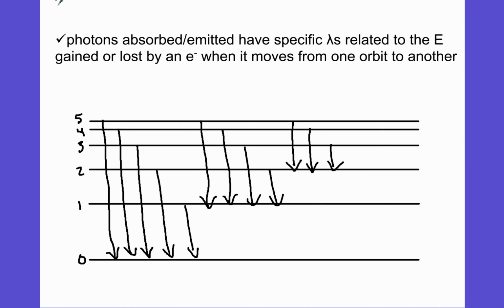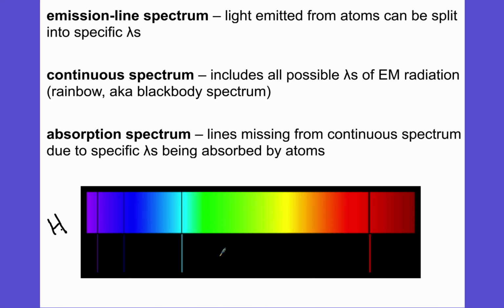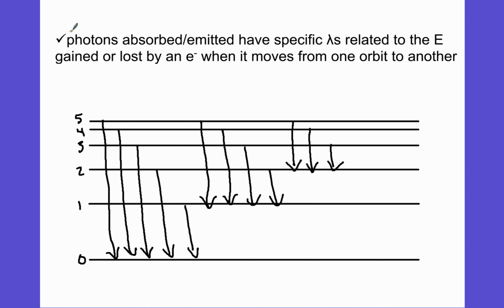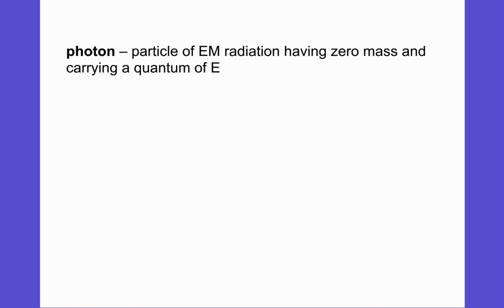But what we want to understand is that this model that we're drawing here is related to these spectra that we can see in the classroom. What I'm supposed to understand is that some of these energies are bigger than others, right? Like these energies are the biggest, this group. And those quanta, those energies that are turned into a photon carrying a quantum of energy, that light that's going to be emitted by the atom has too much energy and has too short of wavelengths for us to actually see.